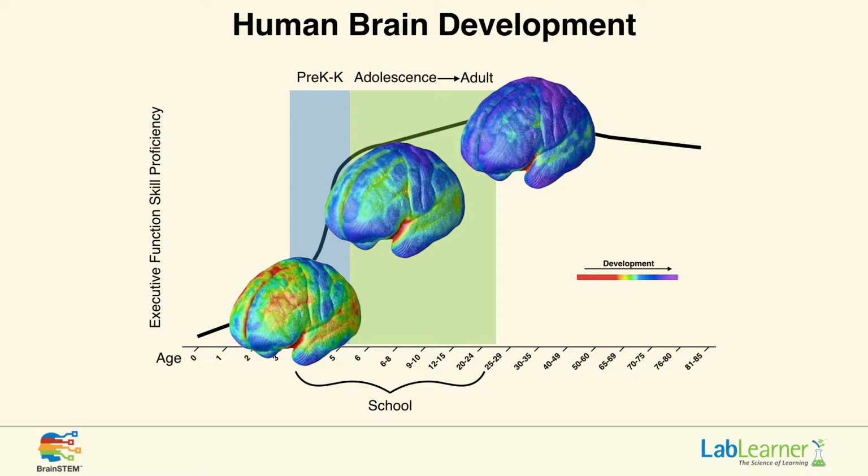And you see that by adulthood, the frontal lobe develops much more. So the point is that when we are born, our brain is not completely formed, and it continues to grow. The frontal lobe is actually the last part of our brain that matures, and that does not really happen until adolescence or so.